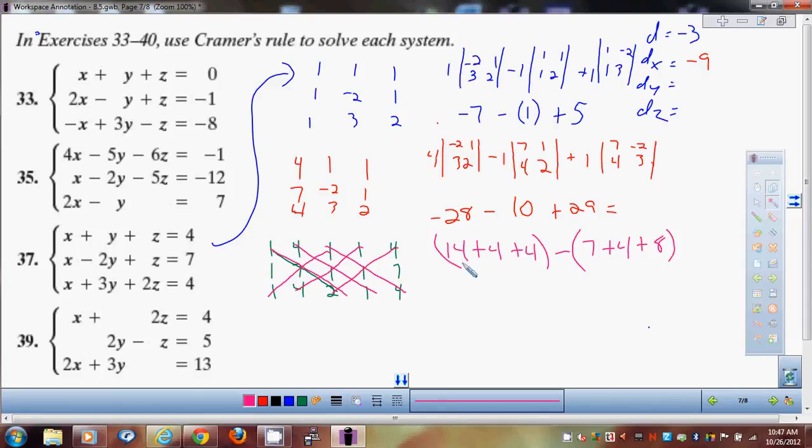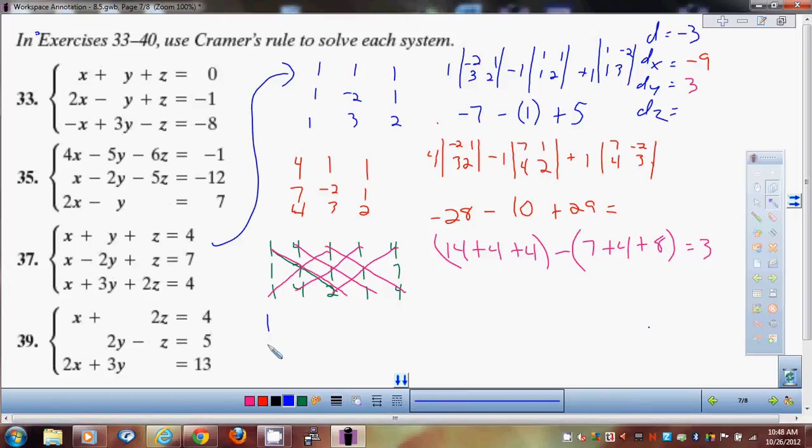So that's 22 minus 19. Is that what you got? Shri? Oh, good. Now we're going to do the same thing for the last one, and then we're done.